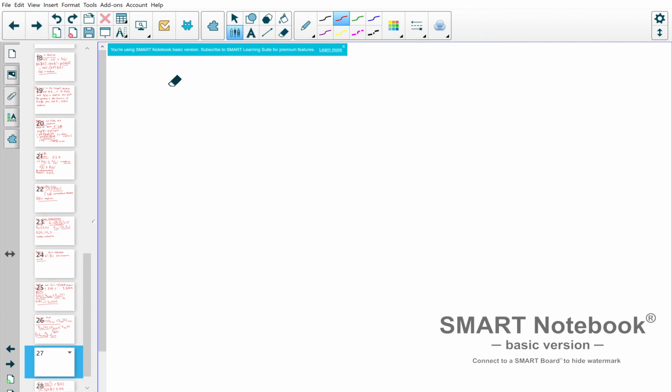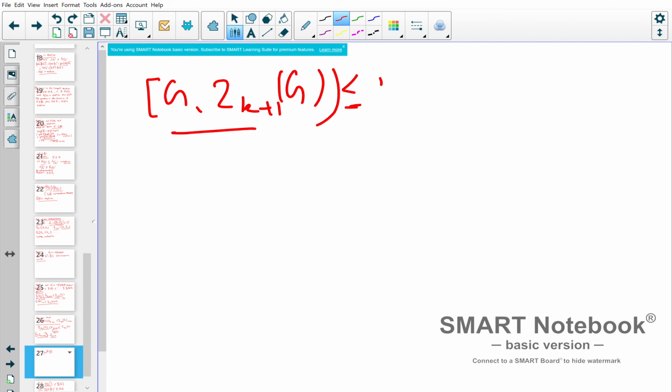The commutator of G with Z_{K+1} of G, this is a subgroup of, remember, this is the largest abelian quotient.